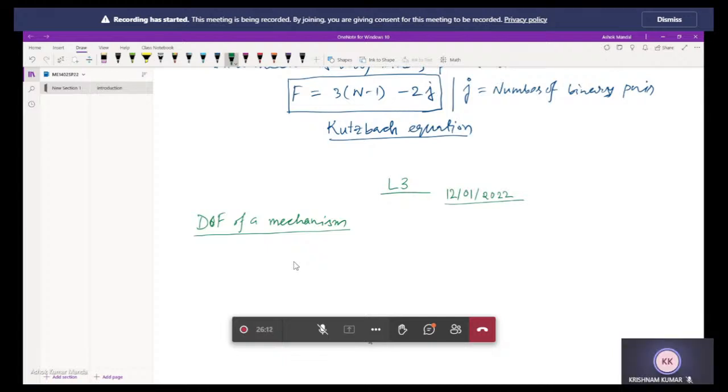A closed kinematic chain is called a mechanism. So this formula is also valid. Let me write the Kutzbach equation once again.